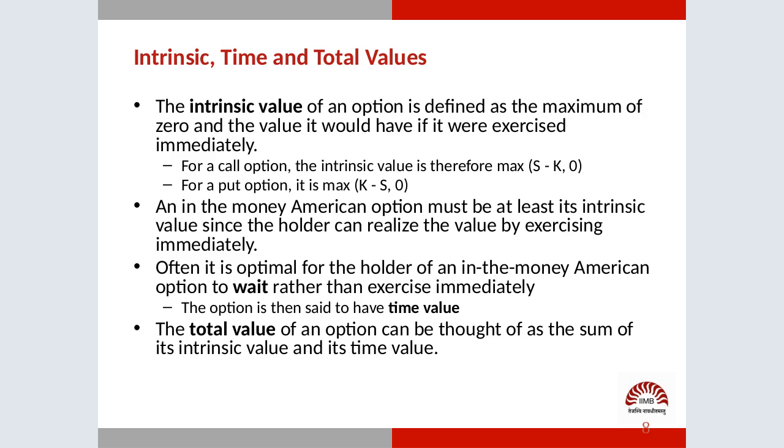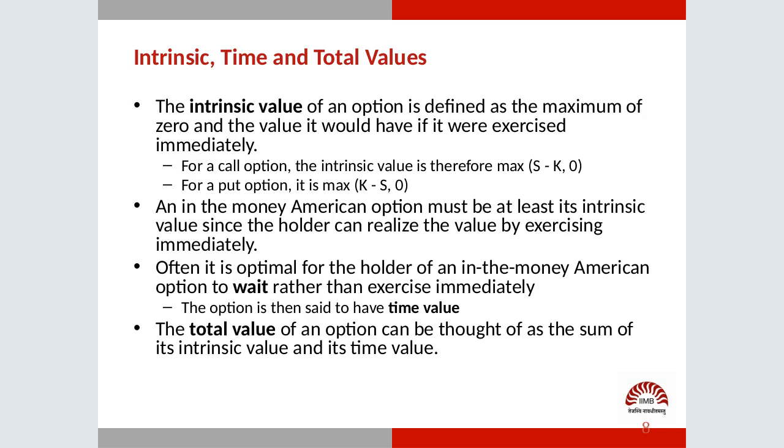Another way of thinking about the time value is to say, look, particularly in an American option. In a European option, it doesn't matter because you don't have the choice of exercising early. So this is only hypothetical. You can't really find a point at which you can exercise. However, for an American option, you can.